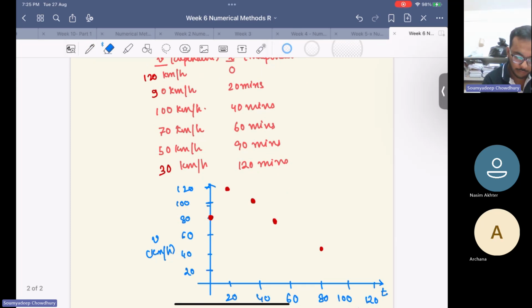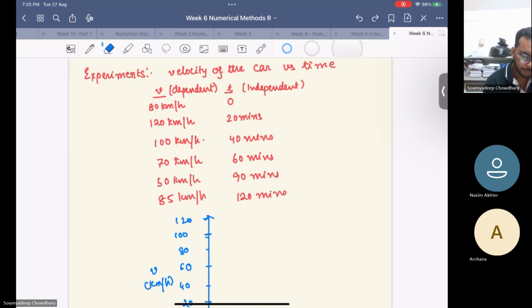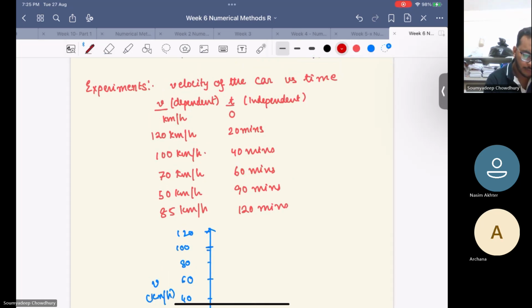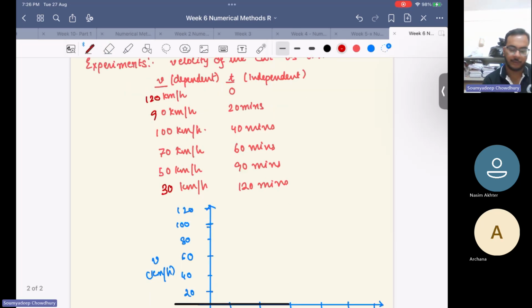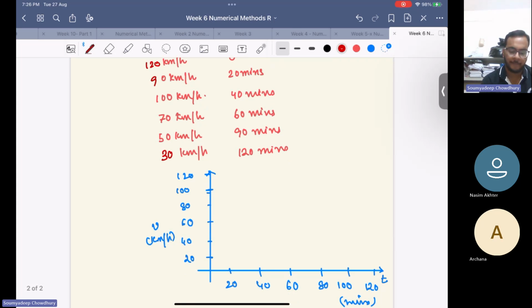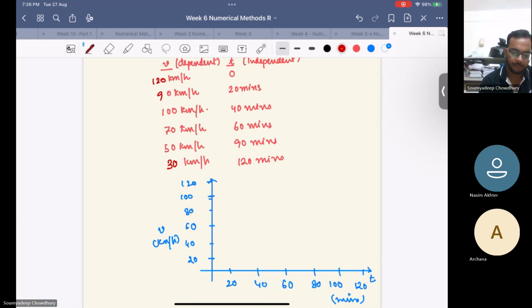I'll just plot it again. So it is 120. This is 90. This is, I'm saying, 30 kilometers per hour. Is it clear what I'm doing? Yes, yes. Okay. So I'm just plotting this data.